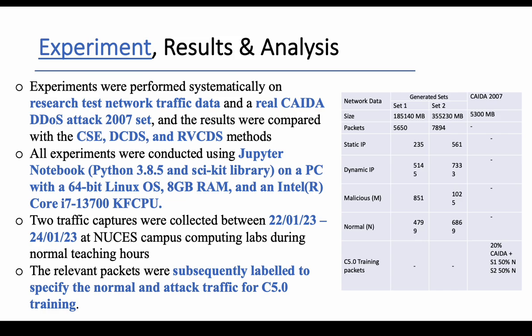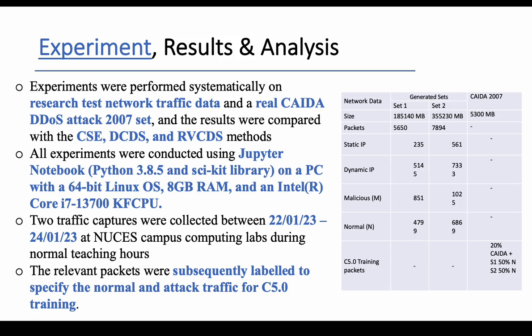All of these experiments were conducted using a Jupyter notebook on a PC with 64-bit Linux OS and a Core i7 CPU with 8 GB of RAM. Two traffic captures were collected between 22nd of January 23 and 24th of January 23 at our university campus during normal teaching hours.